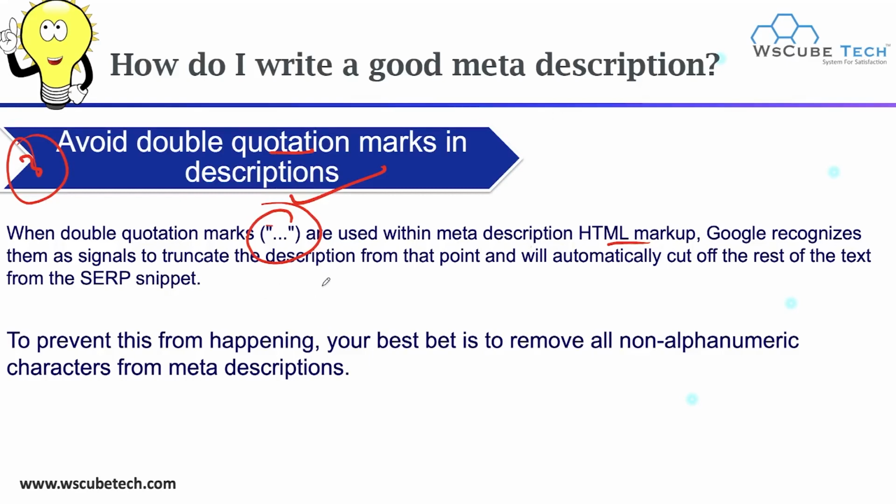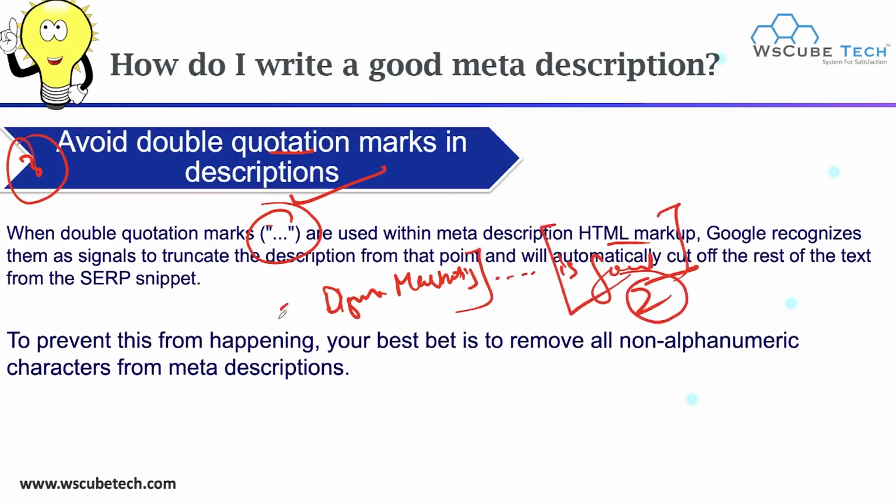For example, if you simply mention something like digital marketing, then quote, is good. In that case, Google will consider that this is your second sentence and this is your first sentence. They automatically cut this sentence and can only show you this particular content on your search engine result page snippet.